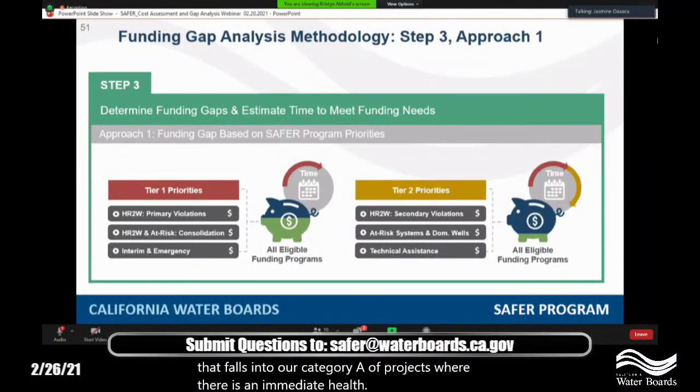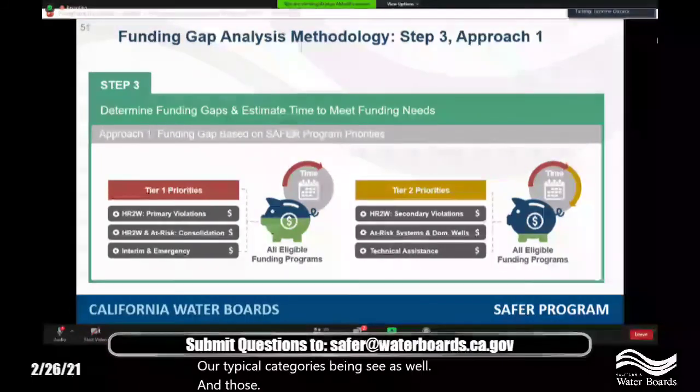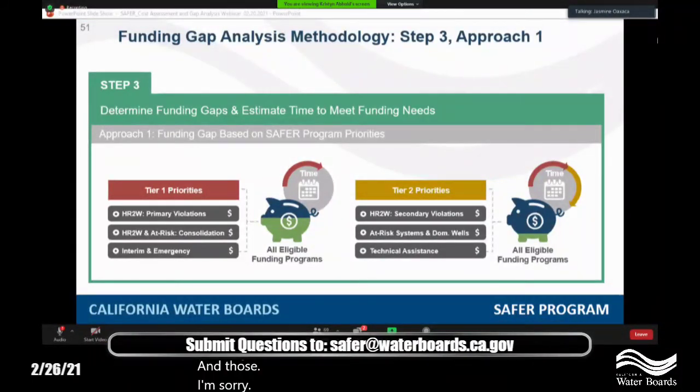We're also looking at our typical categories B and C as well. And then after that, we would consider the potentially at-risk systems. Hopefully that helps.